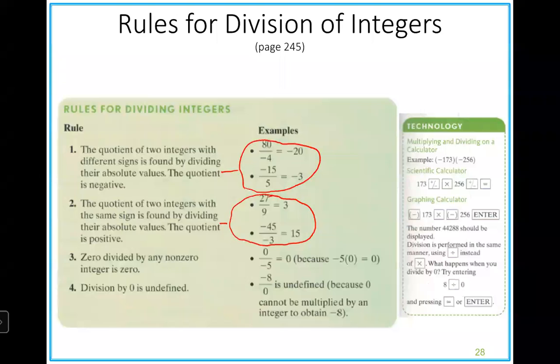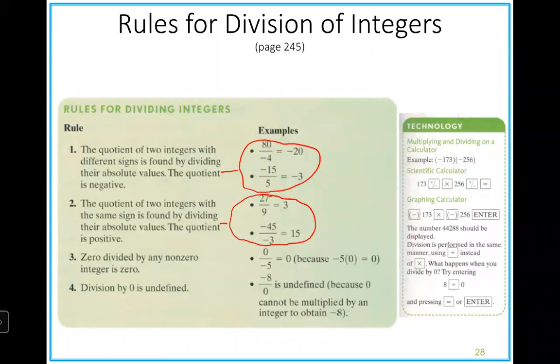And then the fourth rule says that division by 0 is undefined. So you'll find that if you were to try to divide by 0 on your calculator, you'll get an error message because there's no division by 0. You can't divide by 0. Okay, so you try to divide anything by 0, you get error.